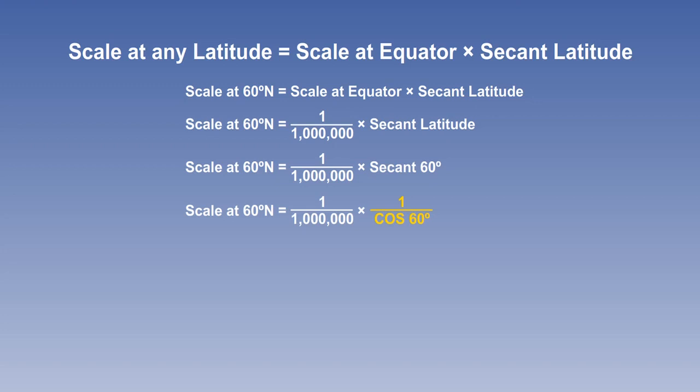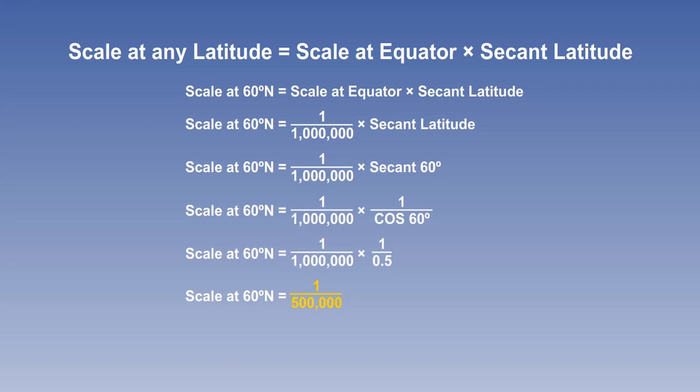And secondly, representative fractions always have 1 as the numerator. So instead, write it as 1 over cos. Your calculator will tell you that the cosine of 60 degrees is a half. So we've solved it. The scale at 60 north will be 1 to 500,000.